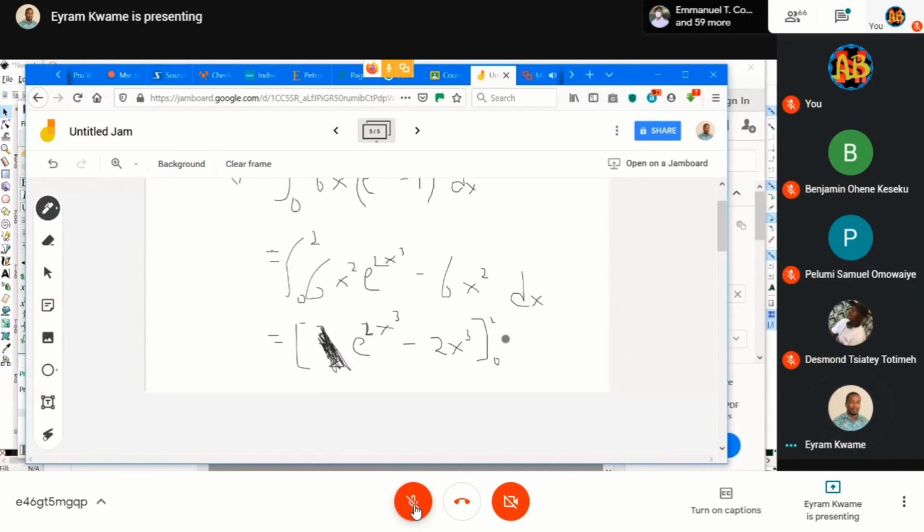So this gives us a final result of e raised to the power 2 cubed, which is 16. You have 16 minus what? 16 minus 1.